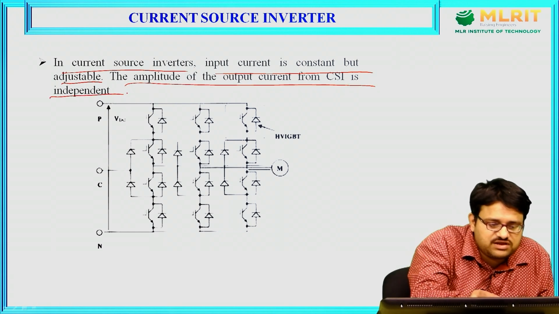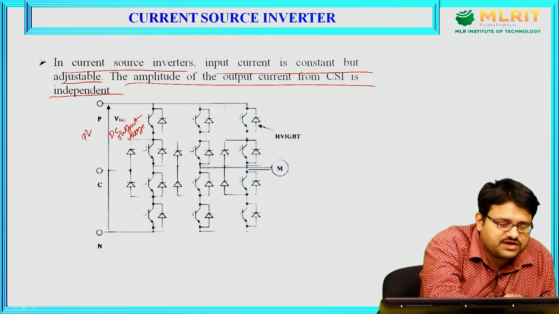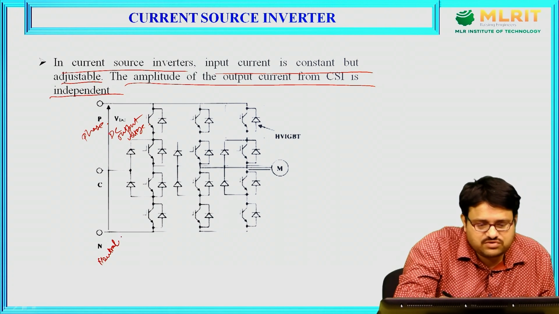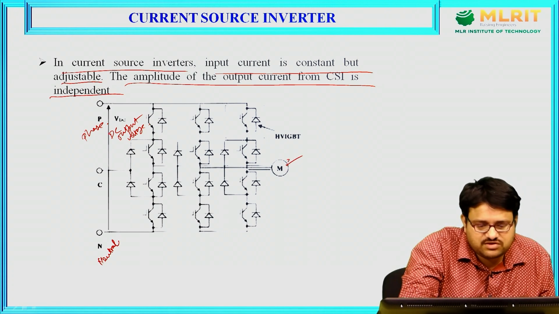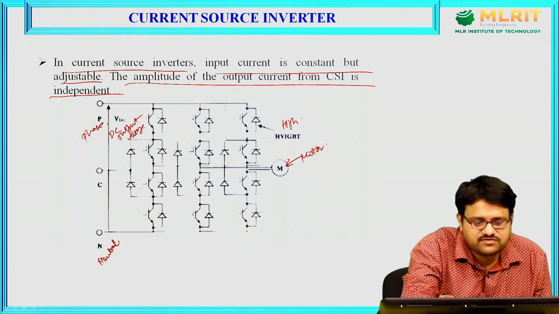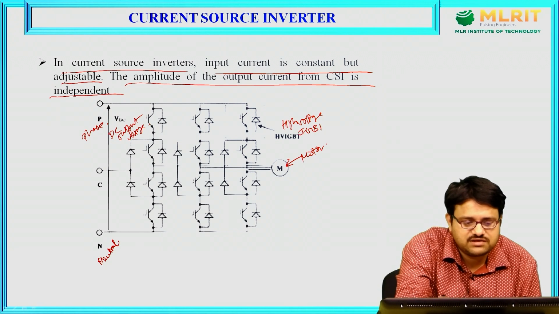So as we see here in the current source inverter, this is the DC input voltage. This is phase and this is neutral. Here we can see this is the motor and this is a high voltage IGBT.